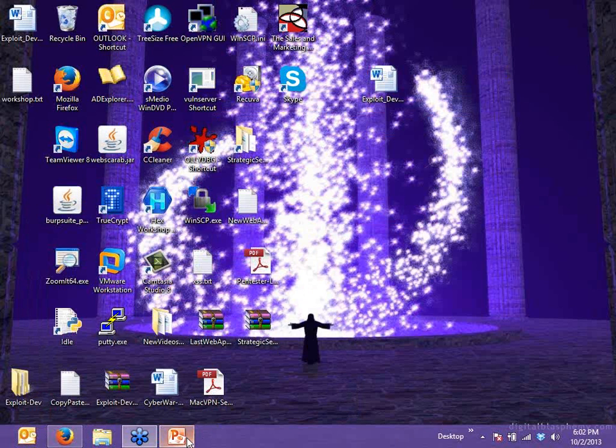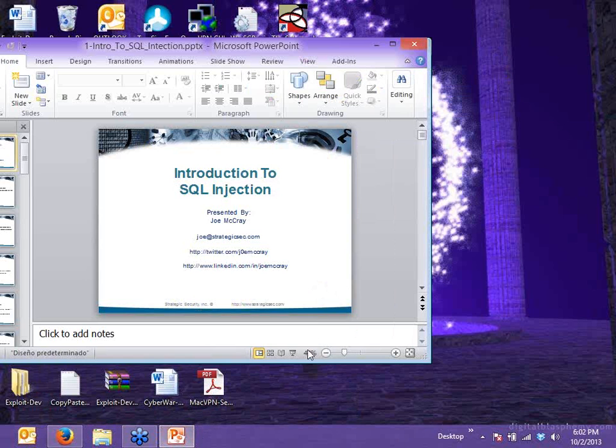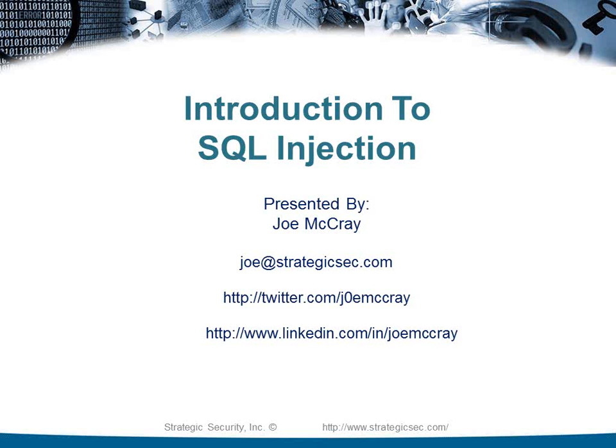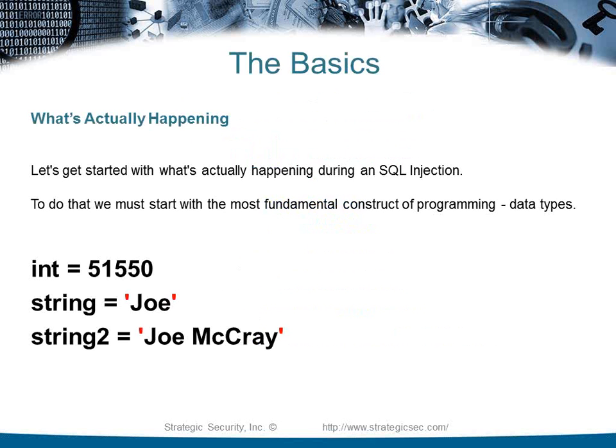Okay. Now, let's throw some death by PowerPoint. If we think about programming, and why we all hated programming in college, maybe you didn't, I did, I sucked at it, maybe that's why I hated it, but let's move on. So let's say you have an integer. You see here that I've got int equals 51550.